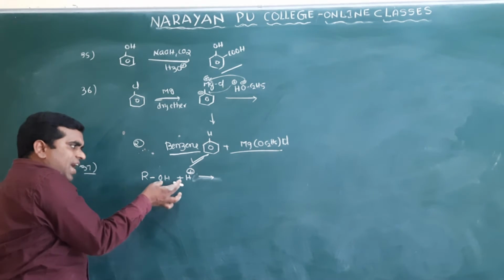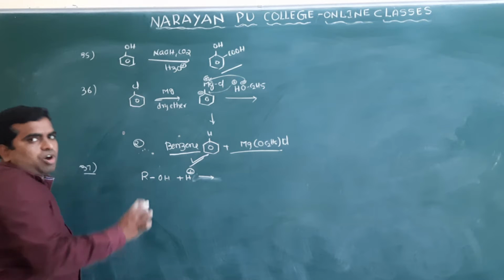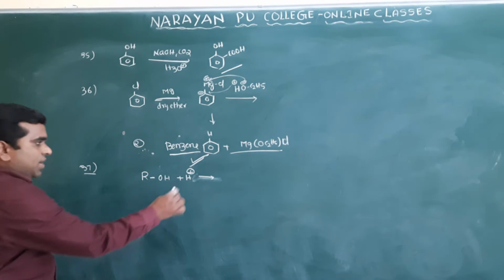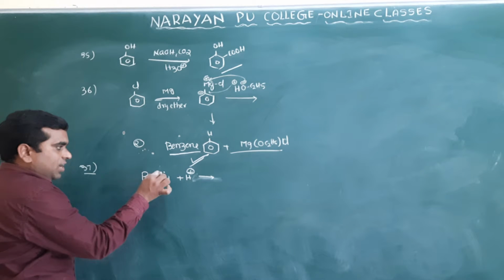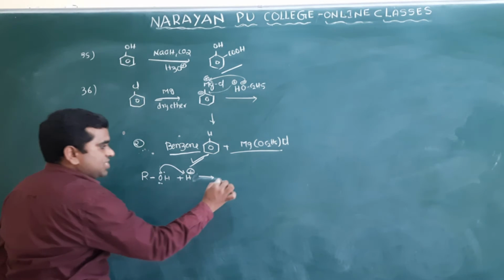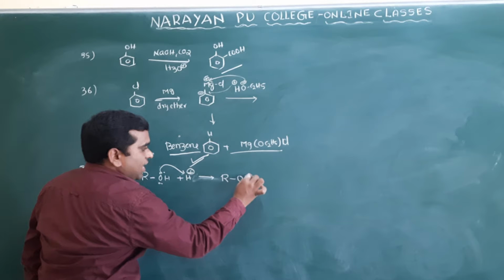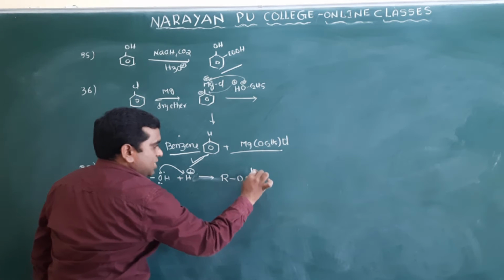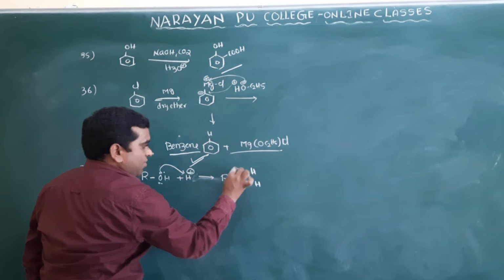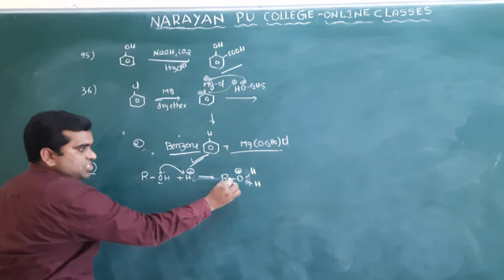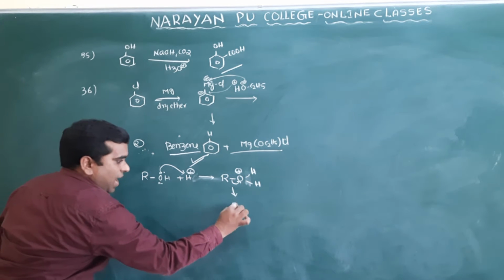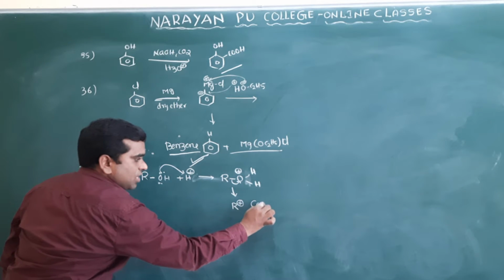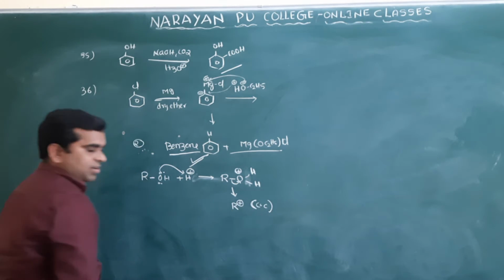The speed of reaction depends upon the stability of the carbocation here. Why? Because HCl means H plus. Here the lone pair of electrons is electron rich, H plus is electron deficient, and the oxygen donates electrons, so the oxygen becomes positive. So it takes the electrons from R. Then what will you get? R plus. R plus means carbocation.